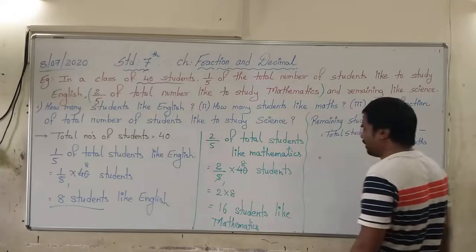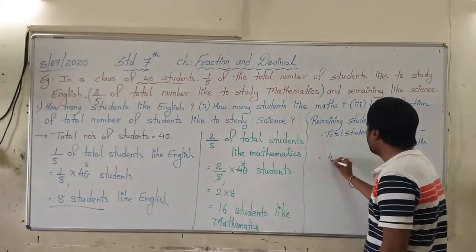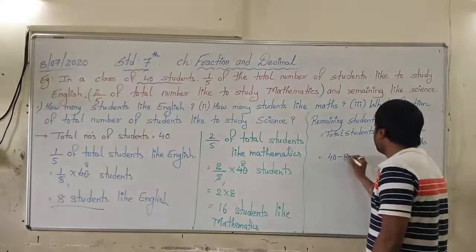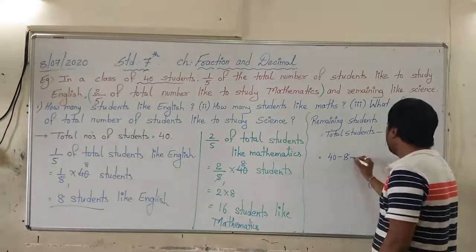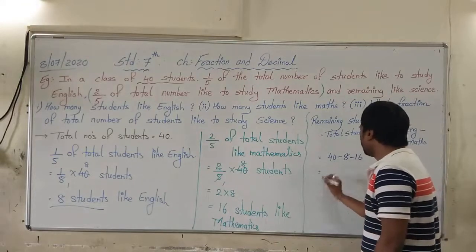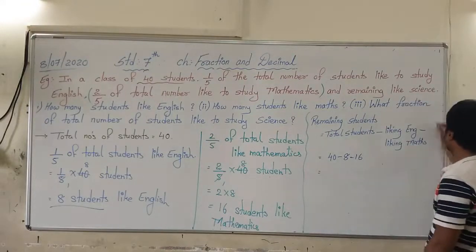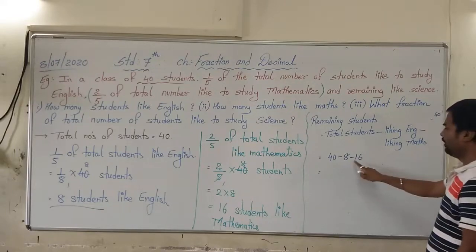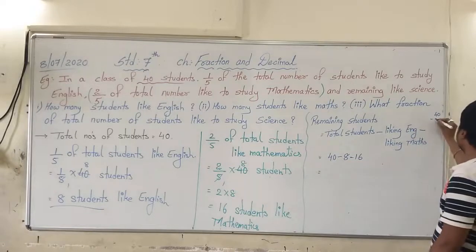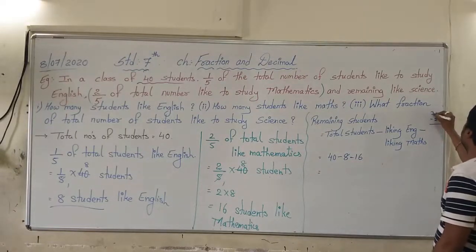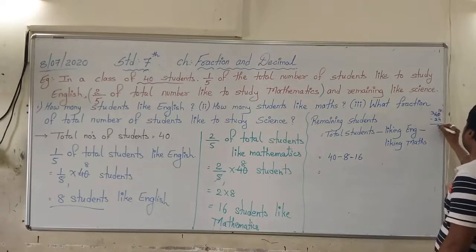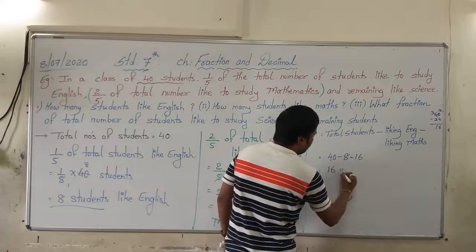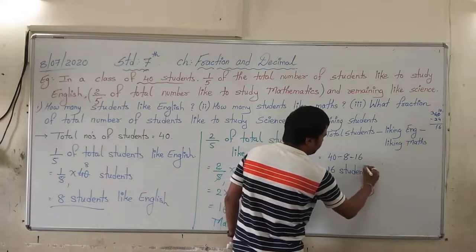That is equal to total number of students, 40, minus number of students who like English, that is 8, and for maths that is 16. So that is 40 minus 24, which is 16. So we can say that 16 students like science.